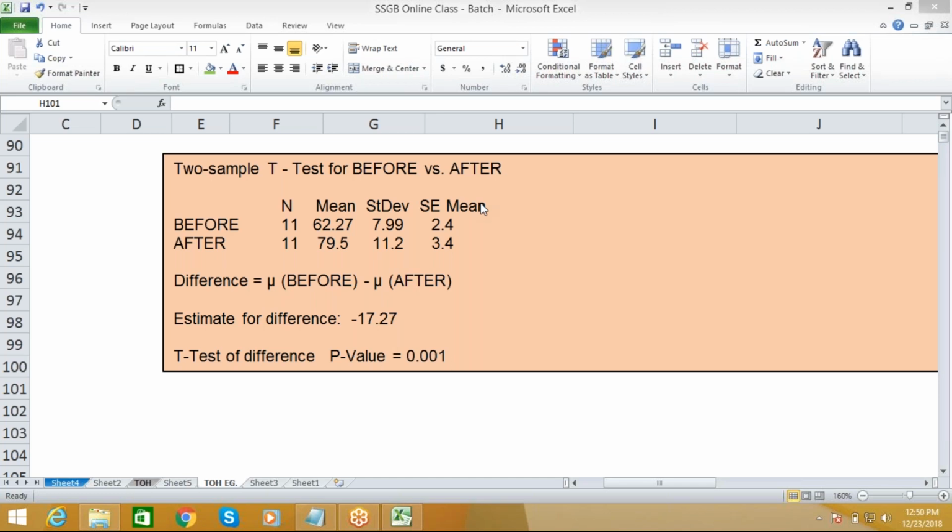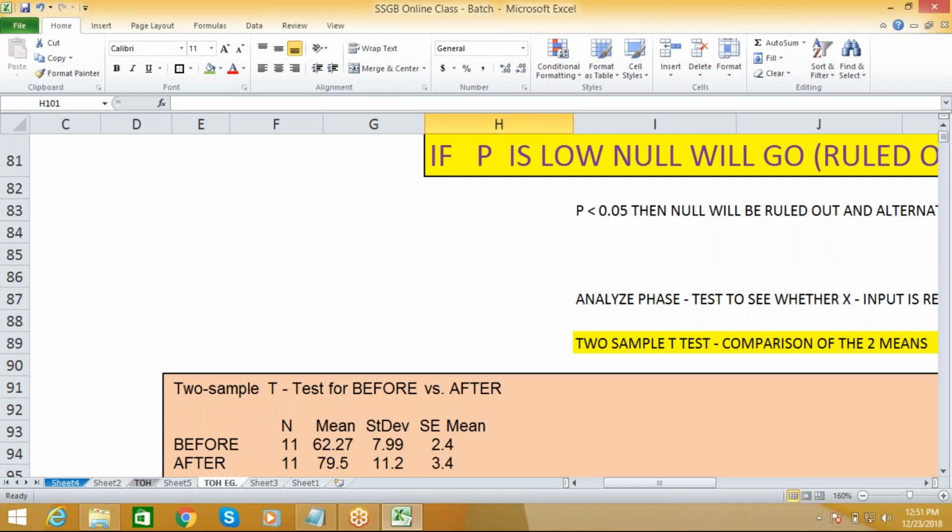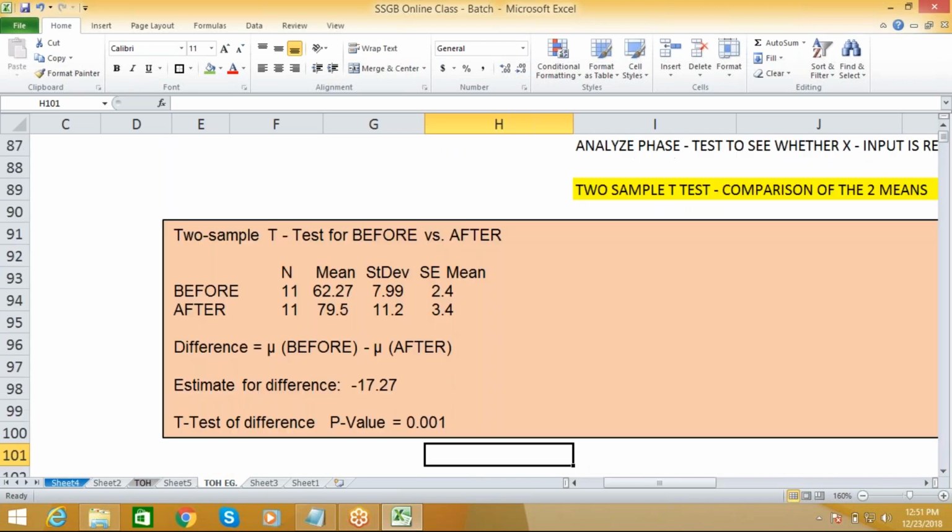T-test is nothing but a test of hypothesis. Simple, because it has two samples. It's comparing two samples, correct? Scrolling up, it is comparing these two groups of data. So that's why it's called a two-sample t-test.